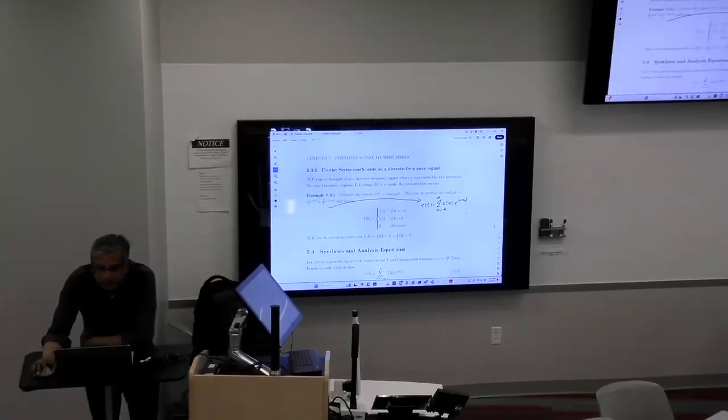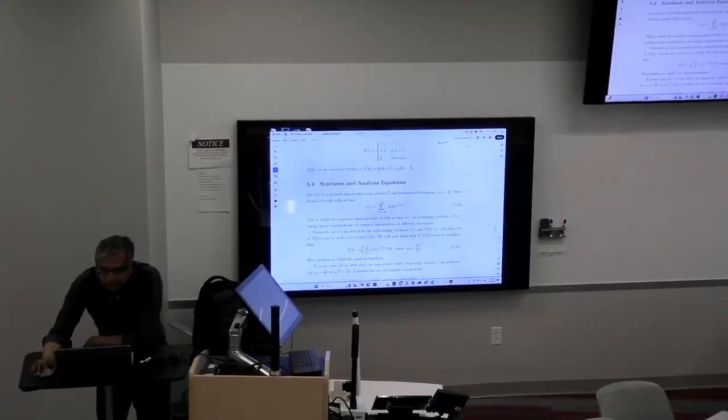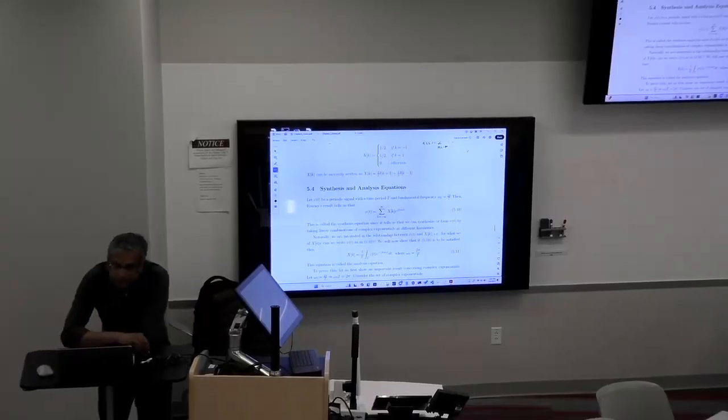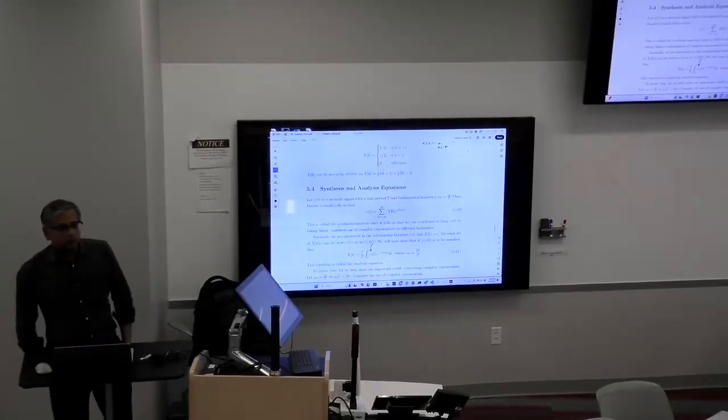Very good. I think what remains is to compute this x of k. So it turns out that x of k can be written in terms of x of t. I won't derive this equation, but I want you to focus on the equation and make sure that we understand how to compute this.